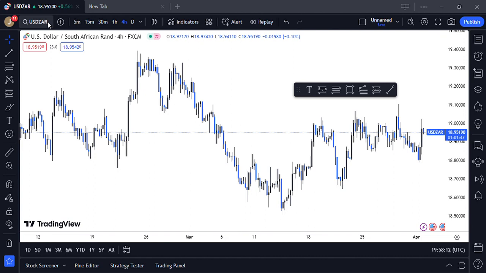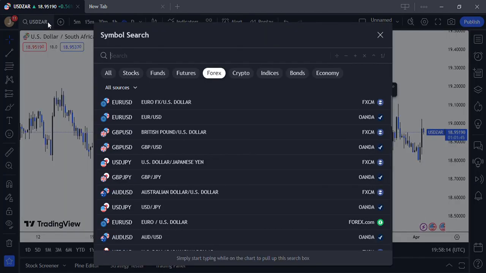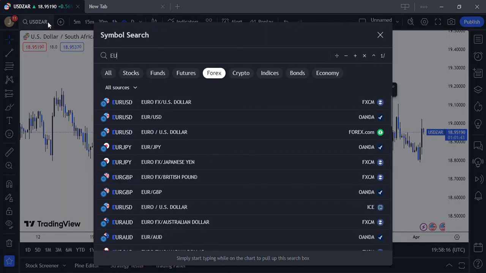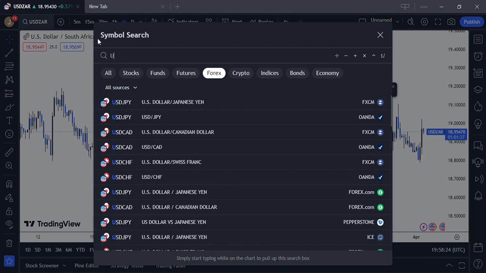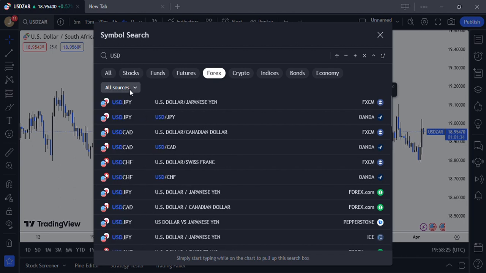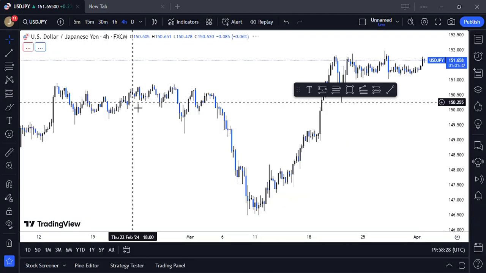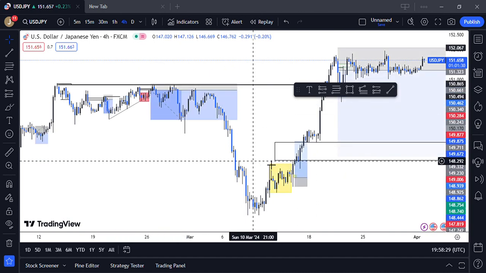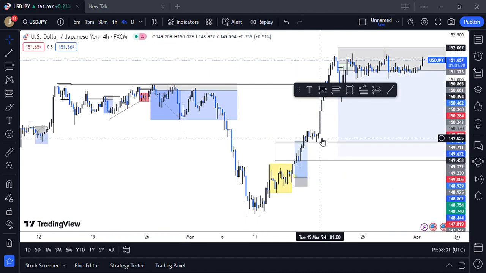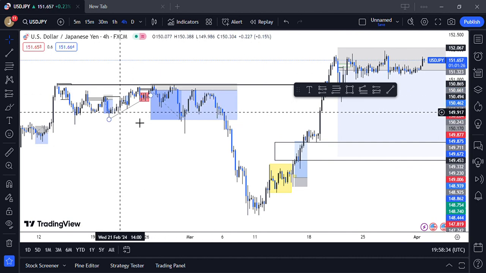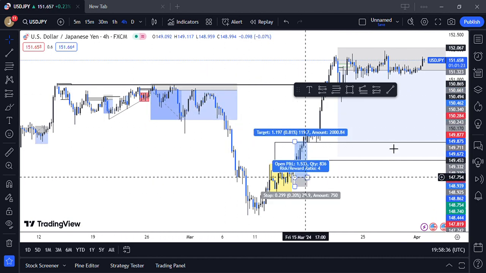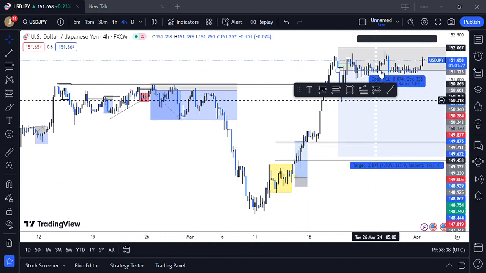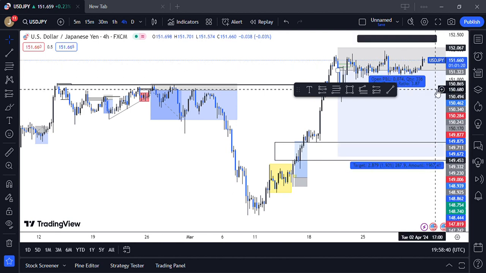If we go to another, let me say USD/JPY, not to confuse you. USD/JPY, Japanese yen. You see these things, this is what you're going to be doing the majority of the time. This is where price is at right now.